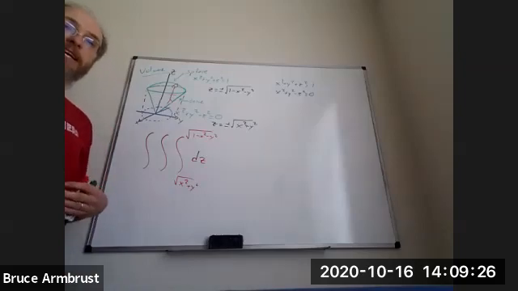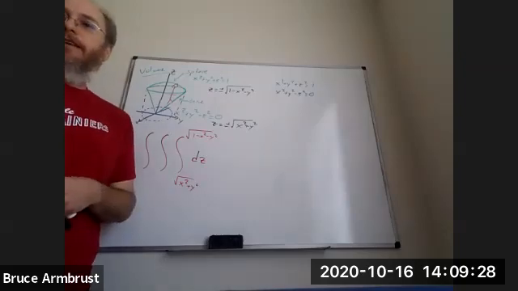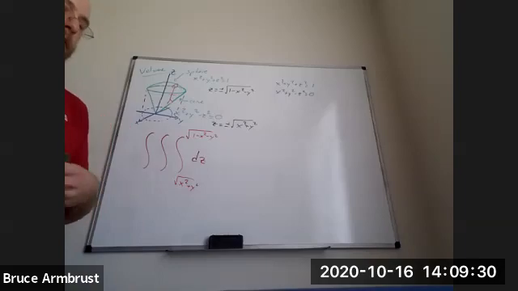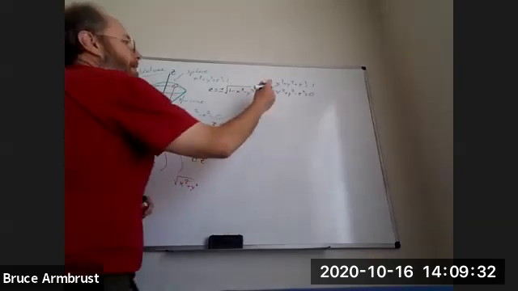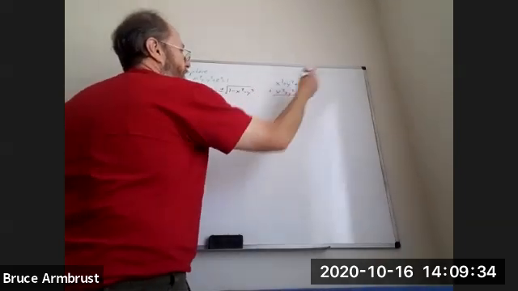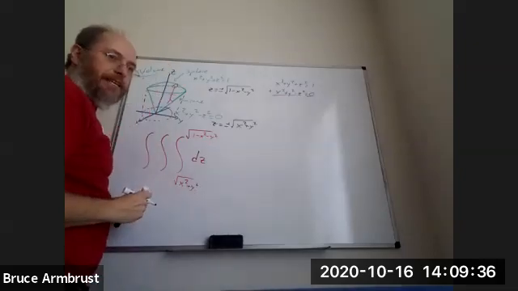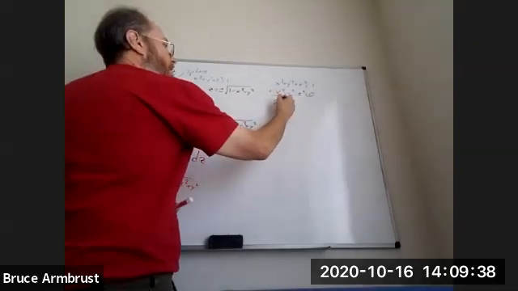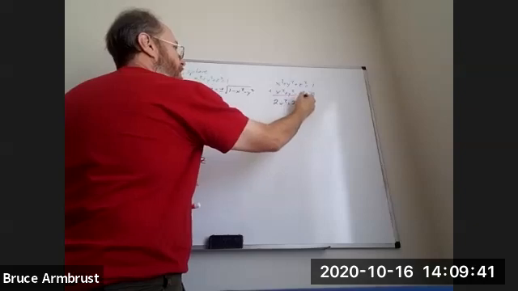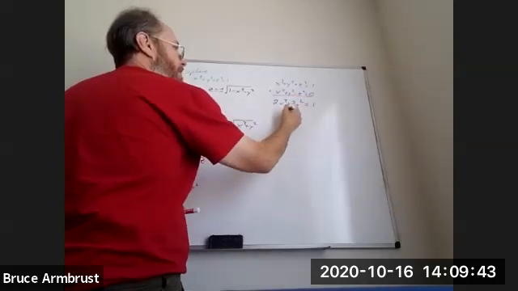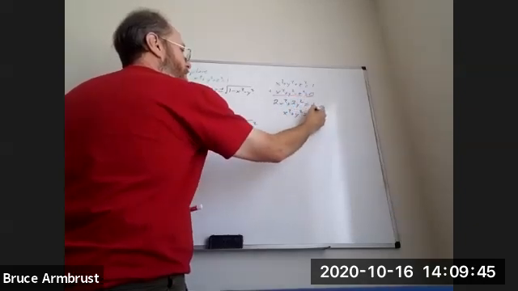I wrote it this way on purpose, because how about we just add those together to get rid of the z? So we get 2x squared plus 2y squared equals 1, or x squared plus y squared equals 1/2.